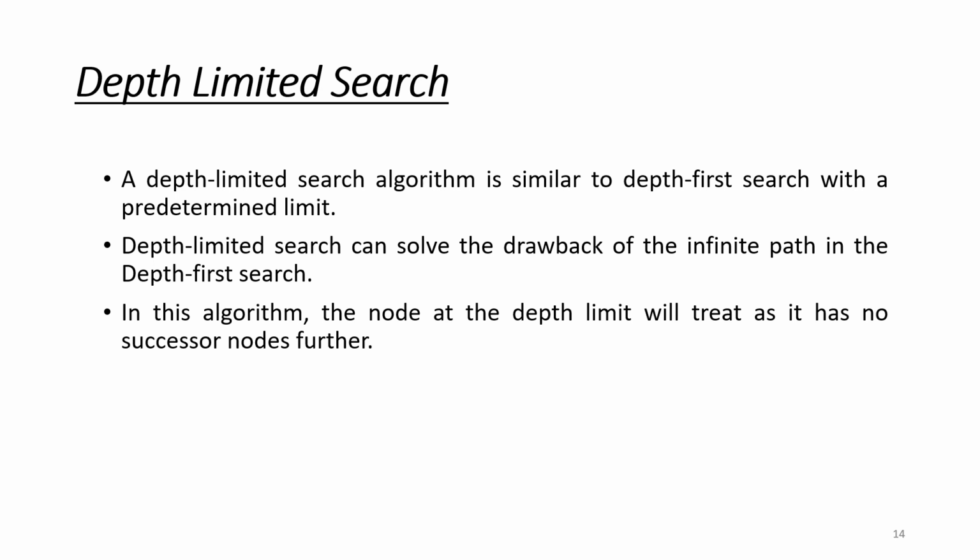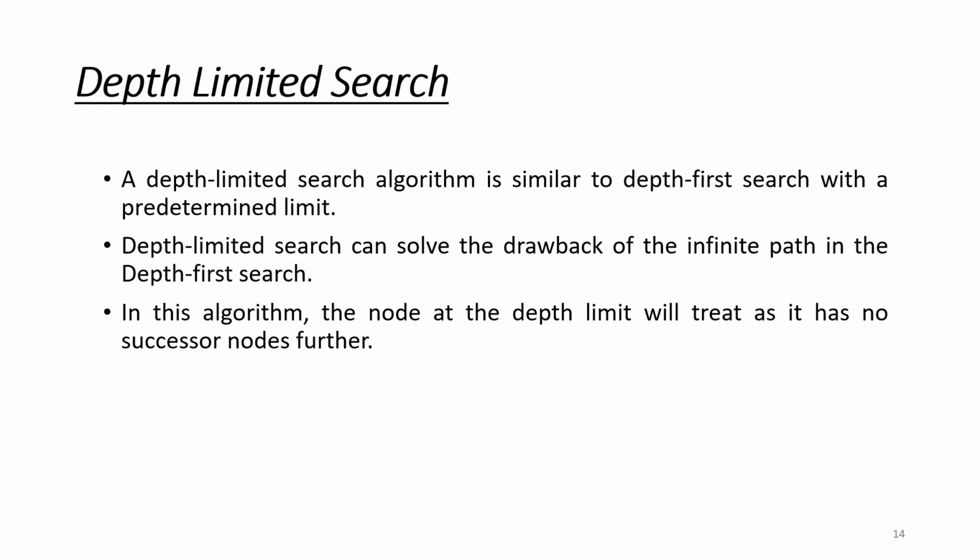Because of the connectivity of the nodes, it has a predefined depth limit, which prevents the search from continuing indefinitely in deep or infinite search spaces by restricting exploration beyond the specified limit. That is very important.